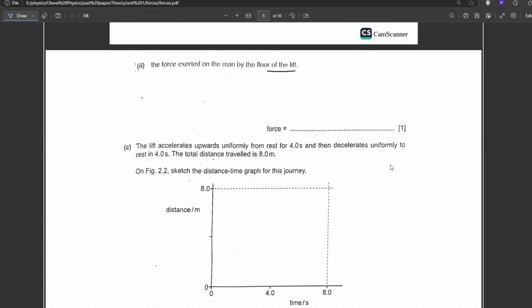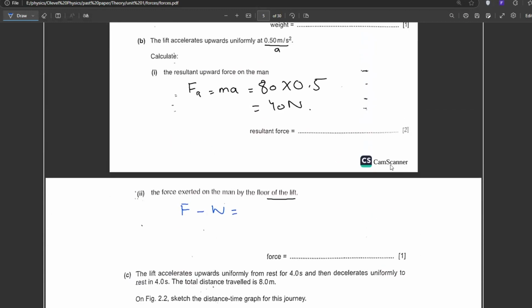And we know the upward force is greater. Upward force minus the downward weight force should give you the resultant force, that is 40 newtons. What is your upward force? You don't know. What is your weight? 800. Can you calculate the upward force? Yes, upward force is equal to 840 newtons.